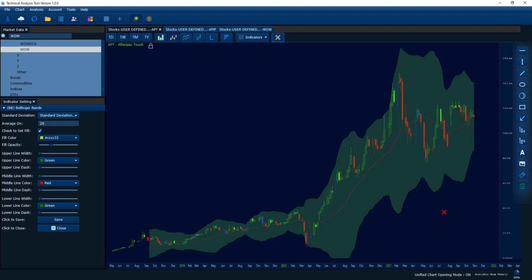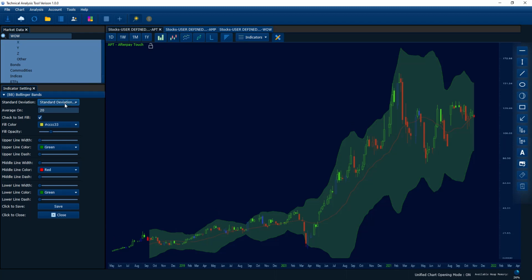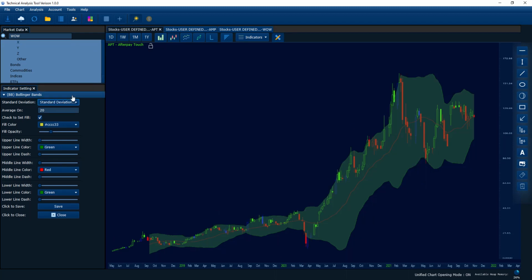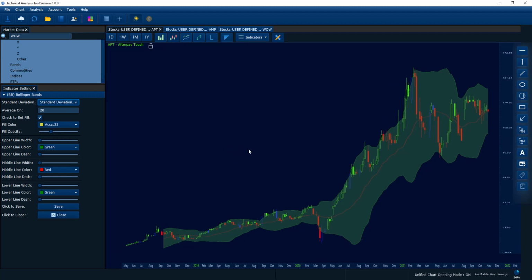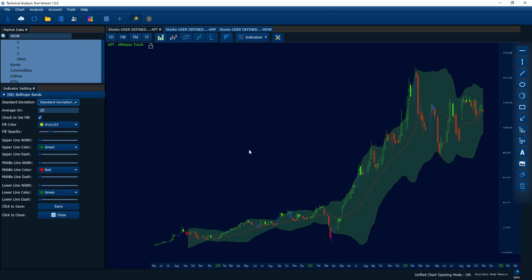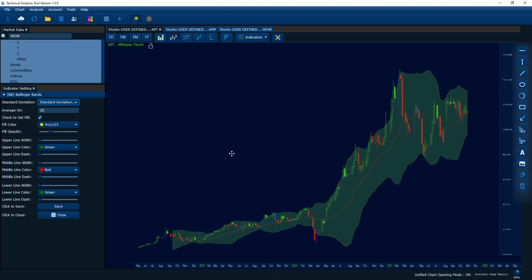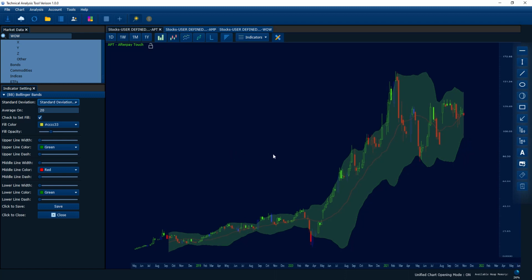So if we change the deviation type, we change the percentage that we want to include inside the bands, because traders might use these overbought and oversold signals as trading signals.